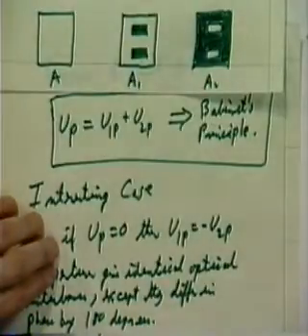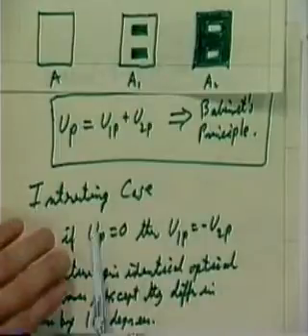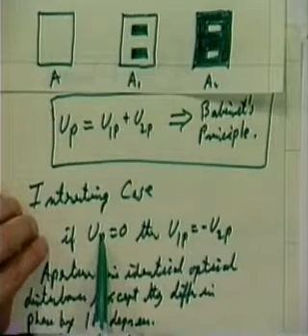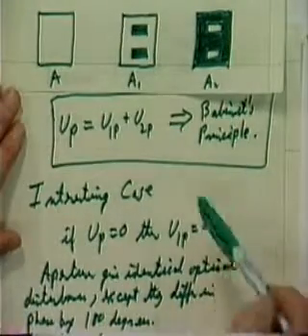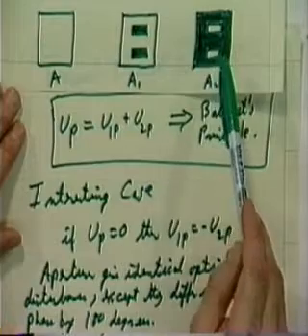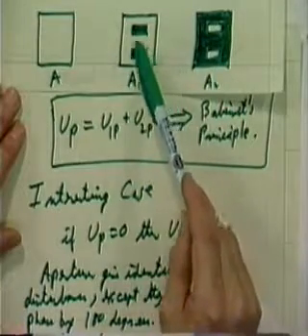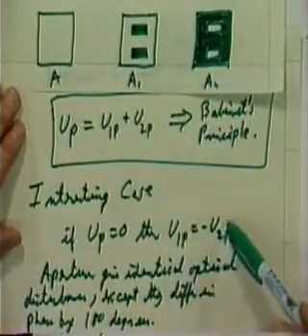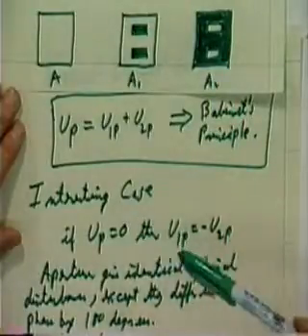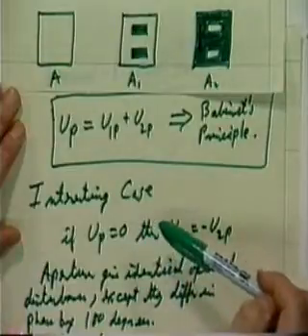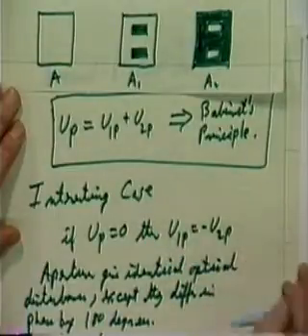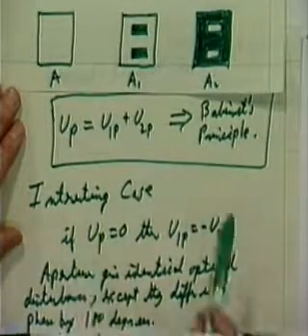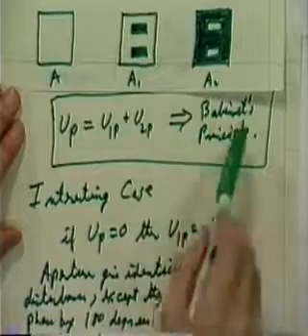Other places I have amplitudes. And if I find that location, that means that at that location, the amplitude of the light going through this aperture and the amplitude of the light going through this aperture are out of phase by 180 degrees. That's only looking at one point in the diffraction pattern. This is the interesting case, but this is the more general case.